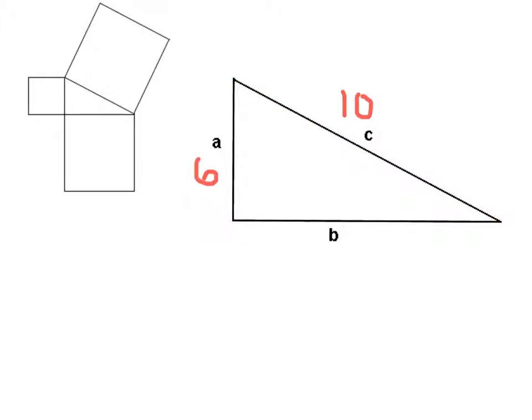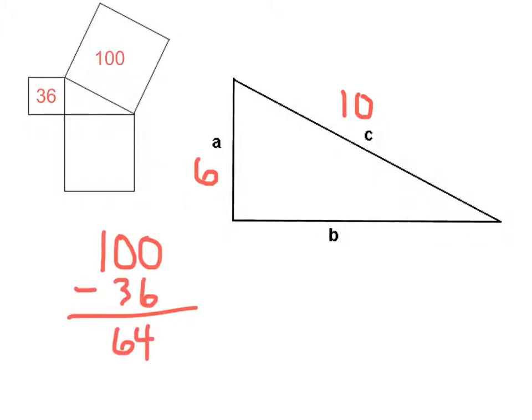So the area of the hypotenuse square, 10 times 10, would be 100, and the area of the leg square on side A would be 36, 6 times 6. Remember, it's the two leg squares that combine to make the hypotenuse square. So 36 plus something is 100. Quick subtraction tells me that this is going to be 64.